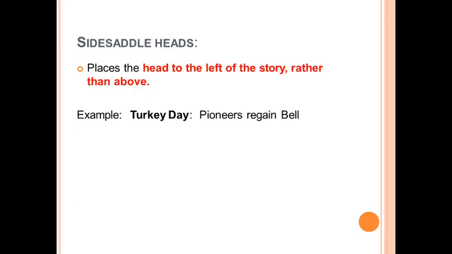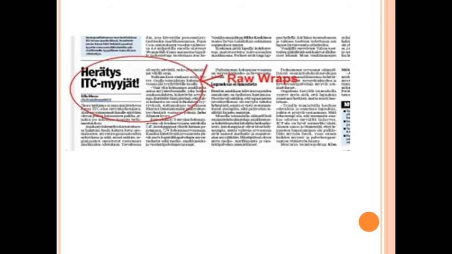Okay, the next one is side saddle heads. Oh my god, what is this side saddle heads? The answer is there in the name itself. See this example. Some news articles depict the headline on one side.